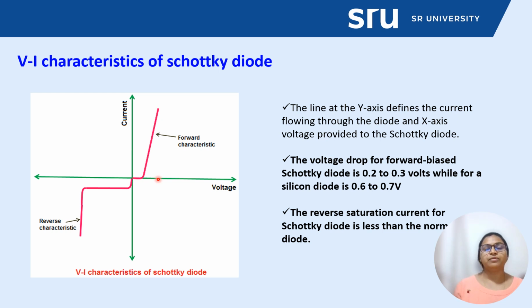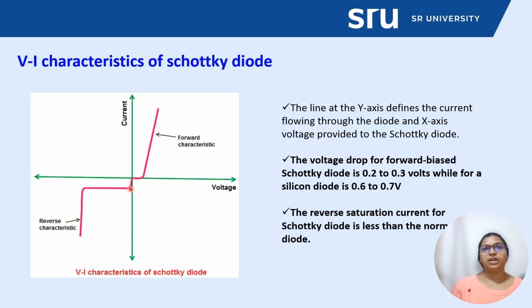If the forward bias voltage is greater than 0.2, electric current starts flowing in the Schottky diode, and also in the reverse direction, saturation current occurs at a very low voltage as compared to the normal silicon diode.